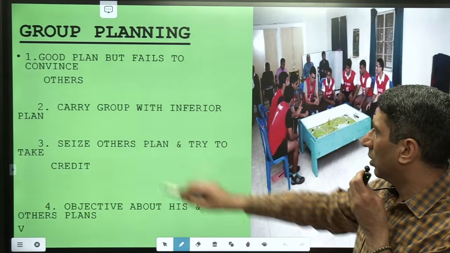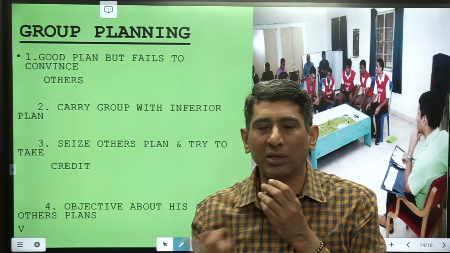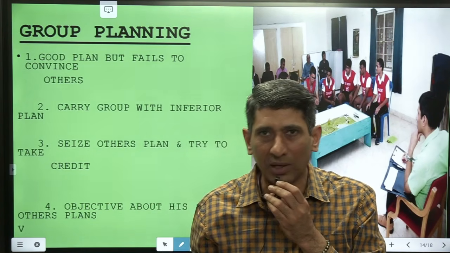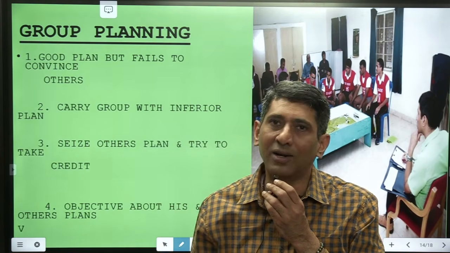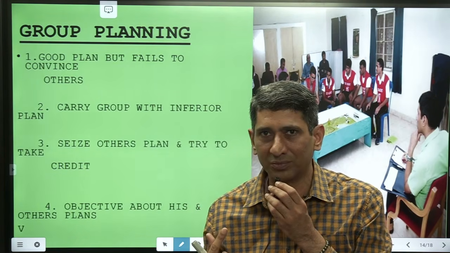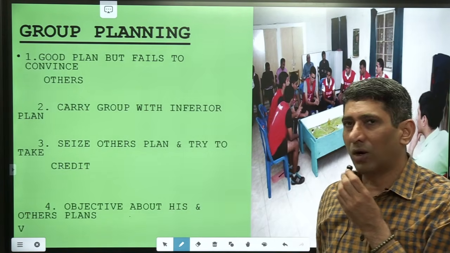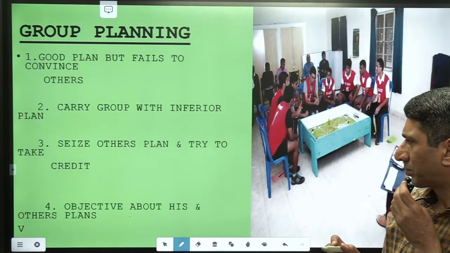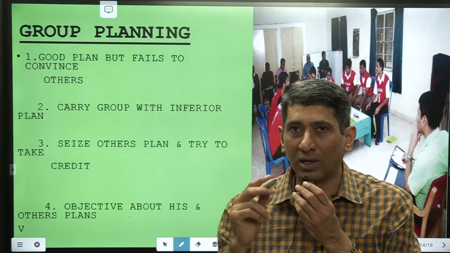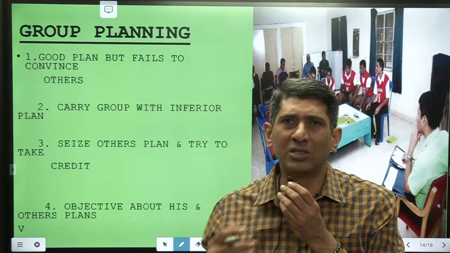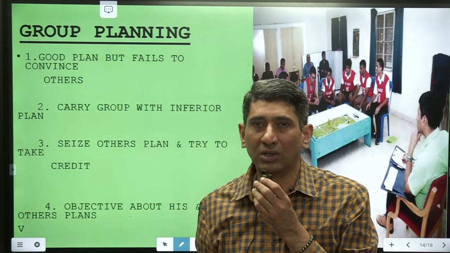There might be somebody who takes inputs from others and makes a superior plan, or somebody who seizes another's plan and tries to take credit for himself. These are all possibilities. The objective here is to achieve a group plan, and how objective his plans are, or whether he is just giving wishful indications, comes out in the group discussion.